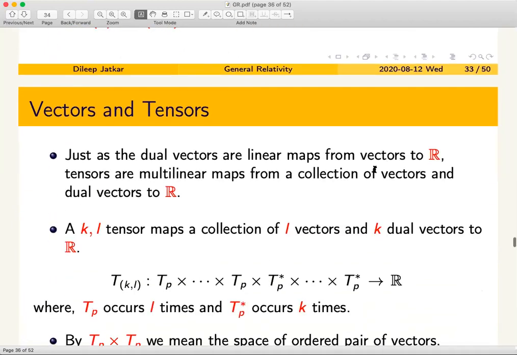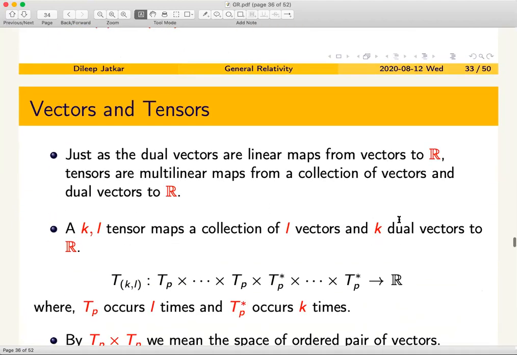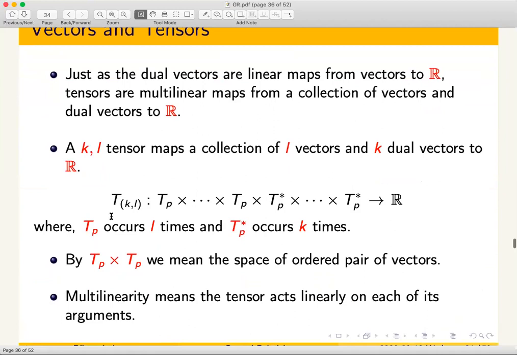Therefore, if you have a (K, L) tensor, you need K dual vectors and L vectors. So the tensor T(K, L), with K contravariant and L covariant indices, would take K copies of T star P times L copies of TP to a real number. TP occurs L times and T star P occurs K times.